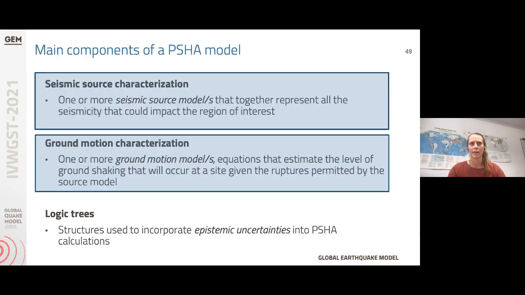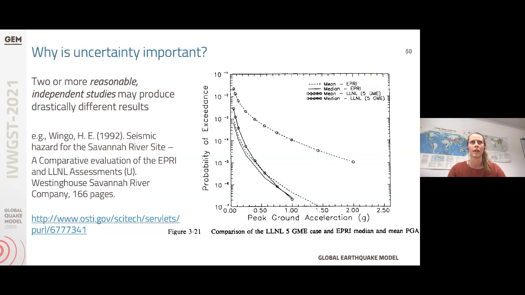Okay, so this concludes the introduction to the ground motion characterization, and now we'll move on to the logic trees. So a logic tree is the construct used in PSHA that incorporates epistemic uncertainty. So start by understanding why uncertainty is important to consider in PSHA.